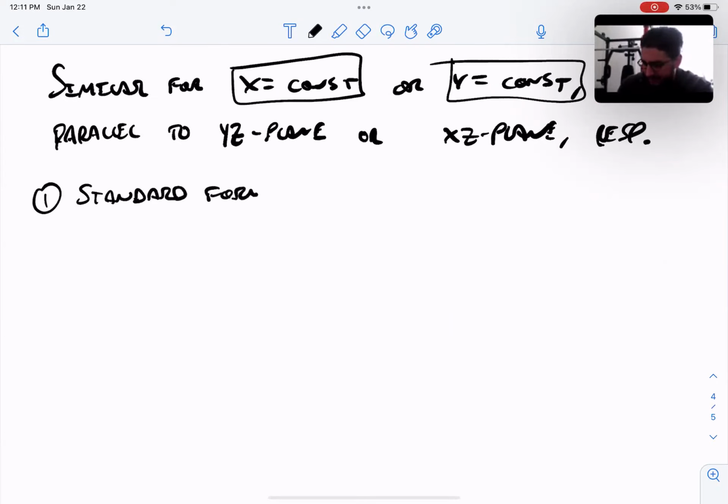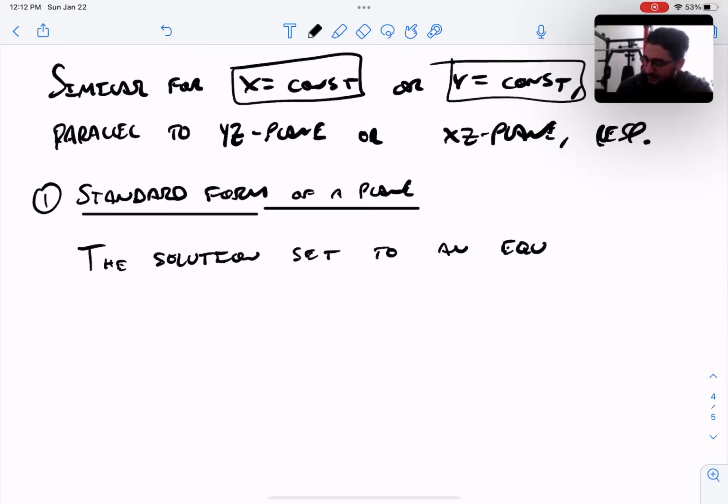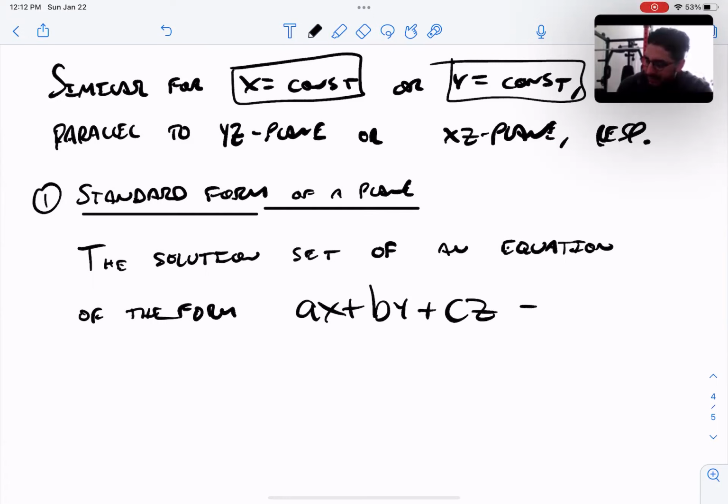The standard form of a plane is represented as the solution set of an equation of the form ax plus by plus cz equals d, for constants, real numbers a, b, c, and d.